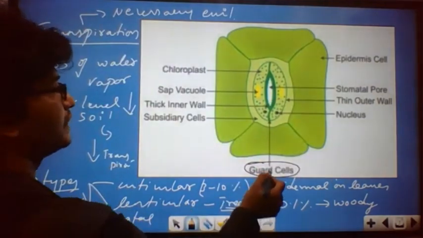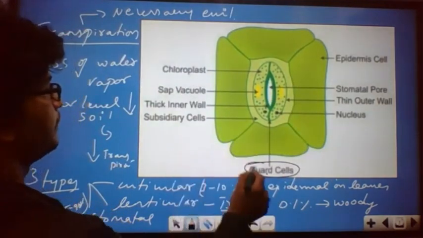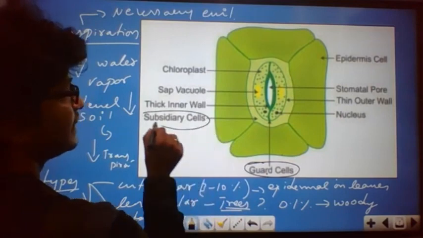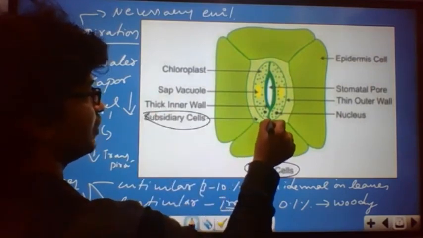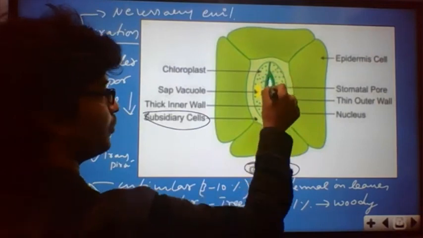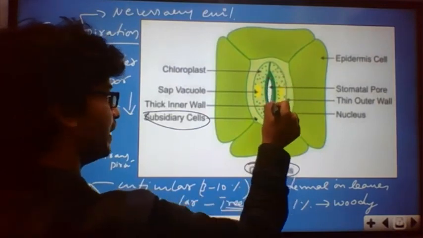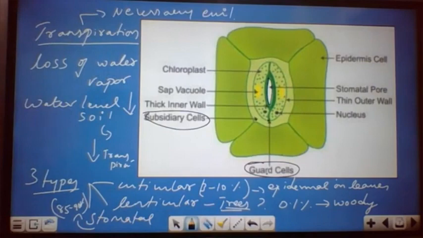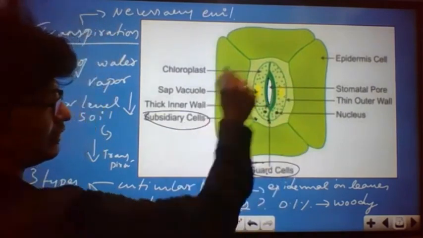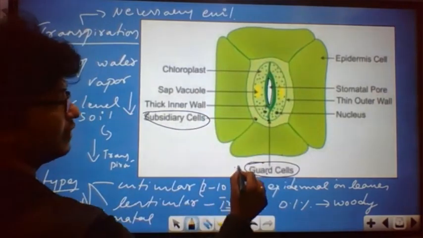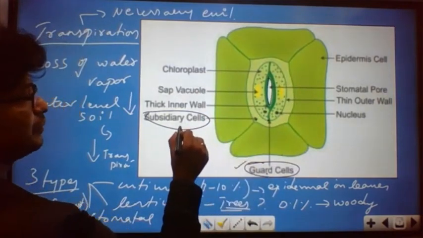One is the guard cells, and the other is the subsidiary cells. This part is called the subsidiary cells, and this one is the guard cells. And this pore tells you whether the stomata is open or closed. This is the stomatal pore.